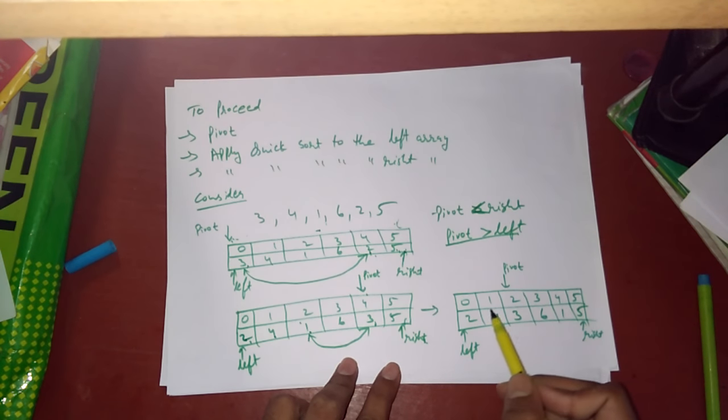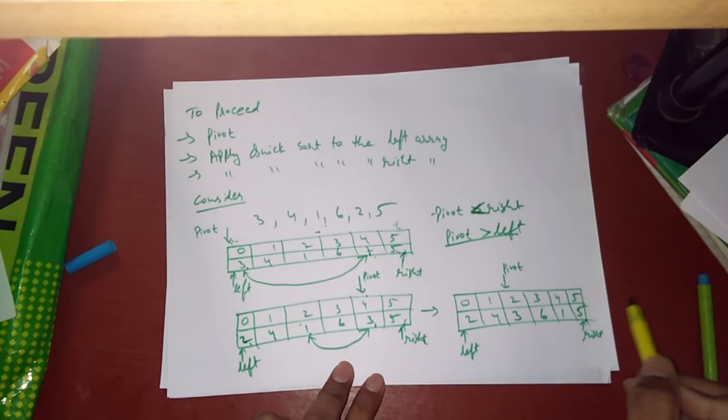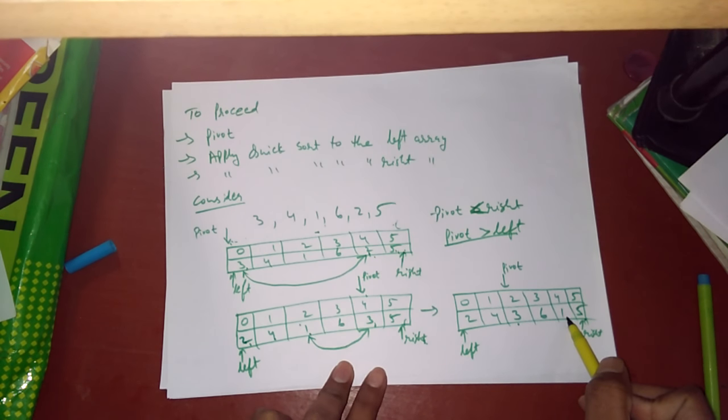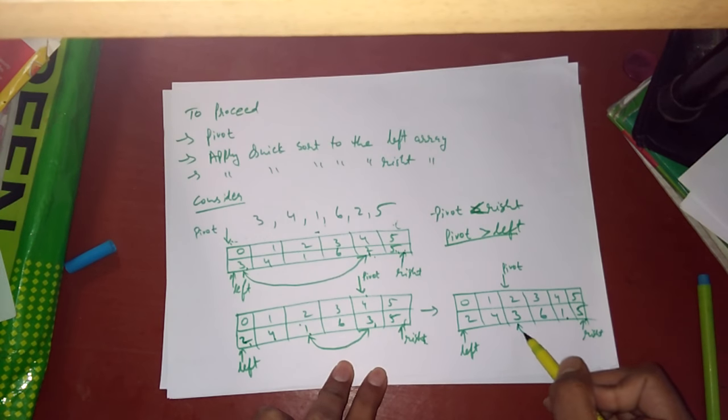Since the pivot has shifted towards the left, we will start comparing from the right. So 5 is greater than the pivot, yeah of course. 1 is greater than the pivot, no, false, so it will be swapped again.